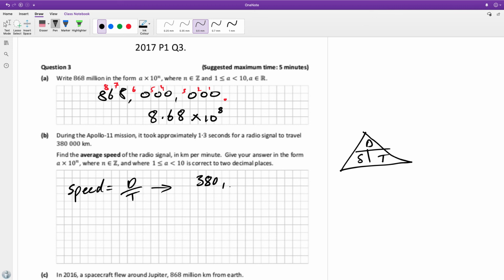380,000 divided by what was the time? And what's that equal to? 292,307.6923 what?